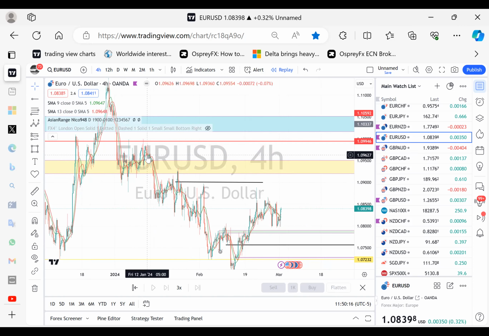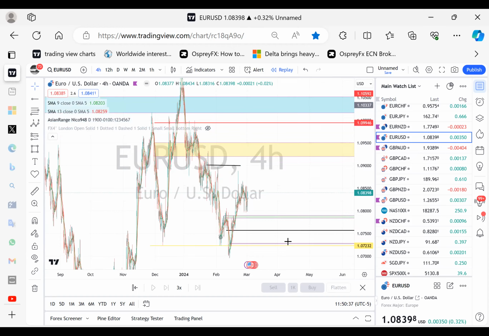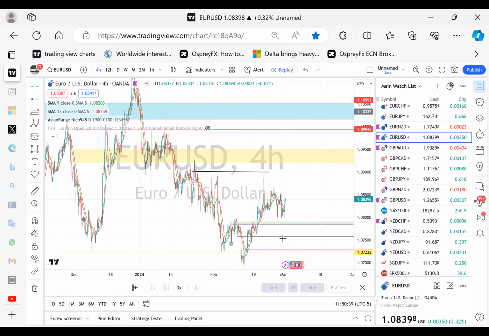I would have expected price to trade back up, take out these double tops and push down. Now that I see the zone, I expect it probably to come up here and take out all of these highs before selling off. That's just what I would like to see.